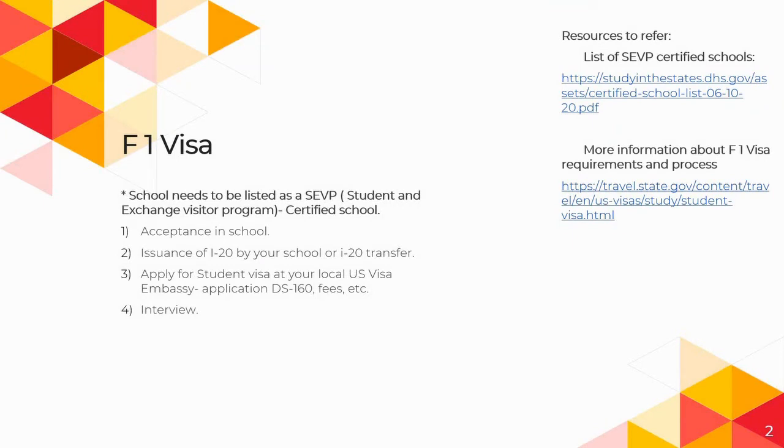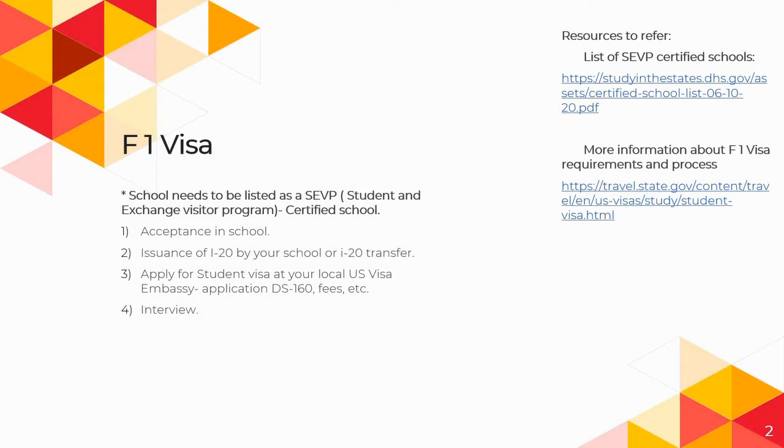So to be issued an F1, the first thing is that the school that you apply to, or the school that accepts you, needs to be a part of SEVP, which is the Student and Exchange Visitor Program, and it needs to be certified by the SEVP to be able to accept, teach, and issue a degree or a certificate to international students.